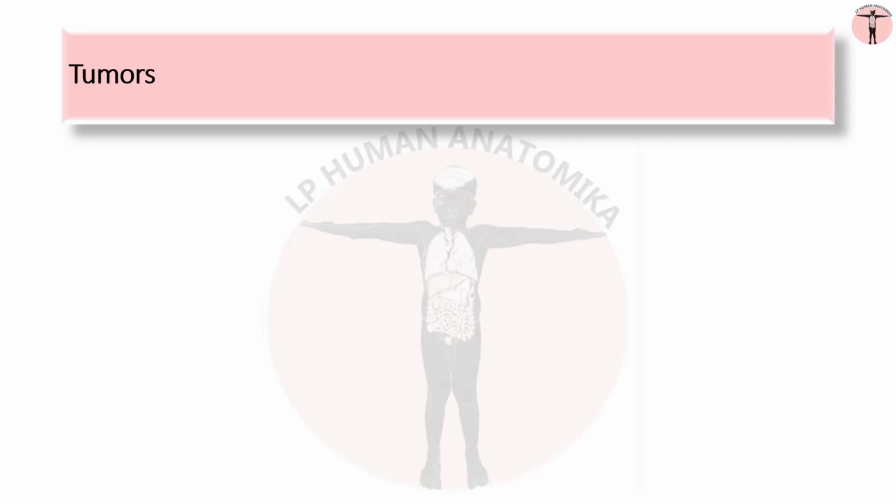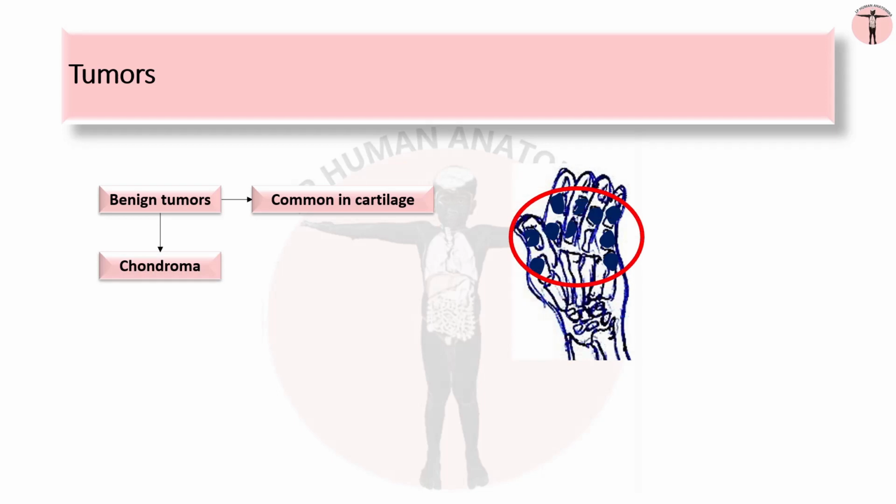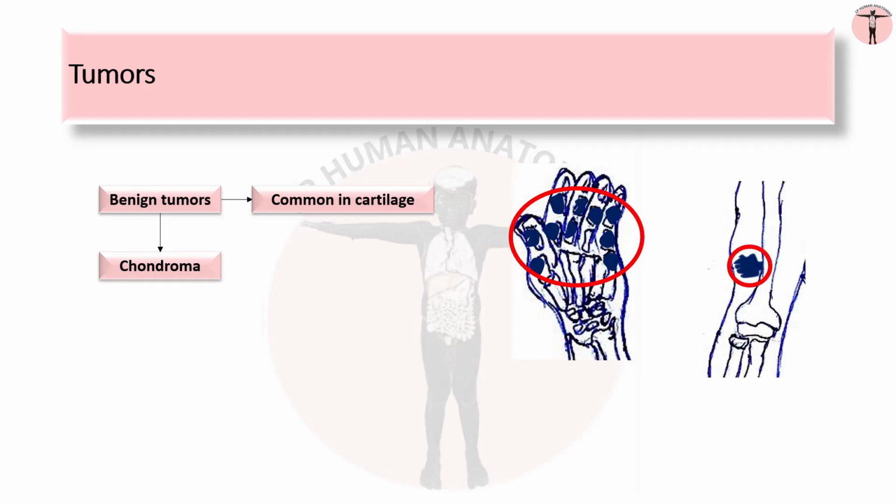Coming to the tumors, different types of tumors. Benign tumors are more common in cartilage. They are non-cancerous tumors and are called chondromas. They are found mostly in the small bones of the hand and feet, humerus, femur, and ribs. These tumors rarely produce symptoms but can cause the affected bone to fracture easily.